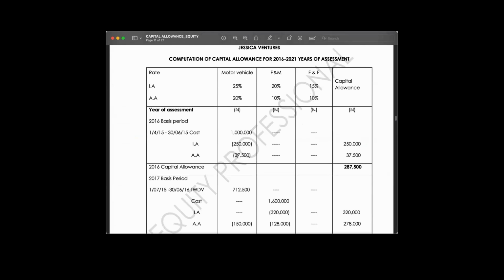But when we are calculating the annual allowance for the second year, the 2017 basis period, we still have 150,000 as the annual allowance. I want to know if that 37,500 did not have any effect on the written down value as at the second year. I don't know if you understand what I mean.